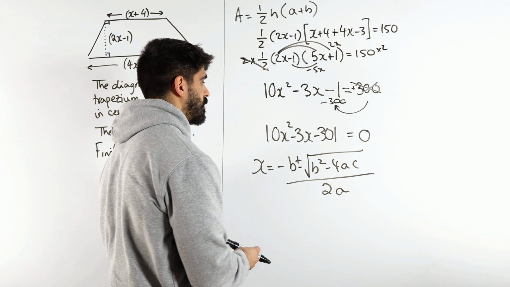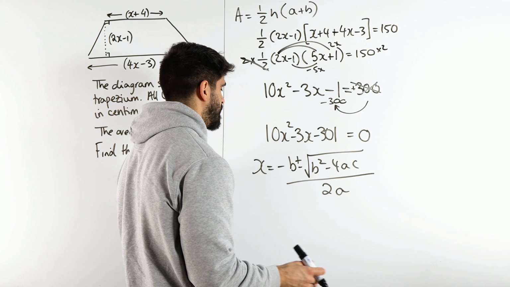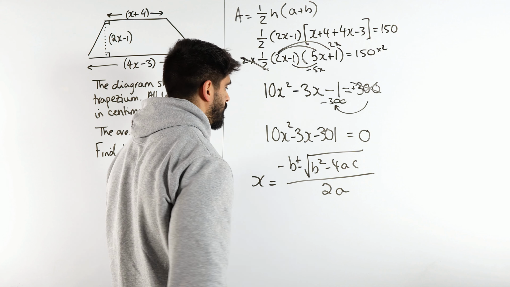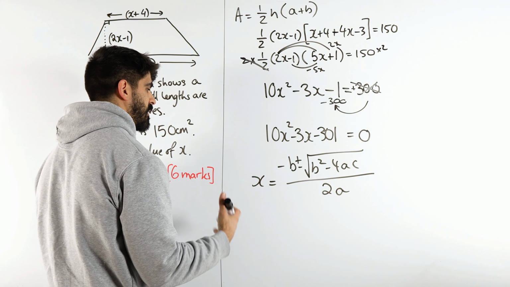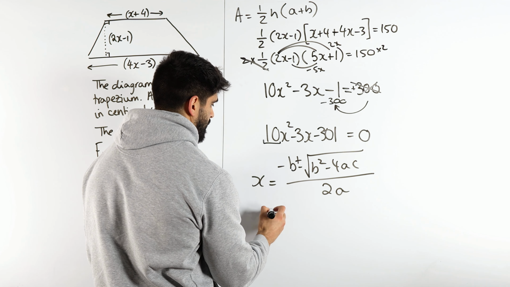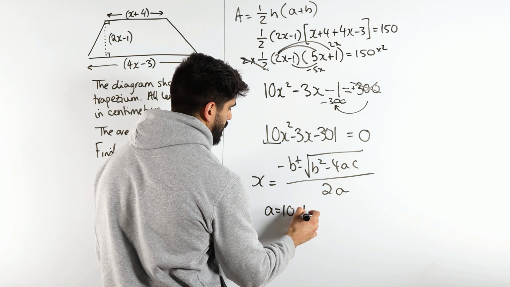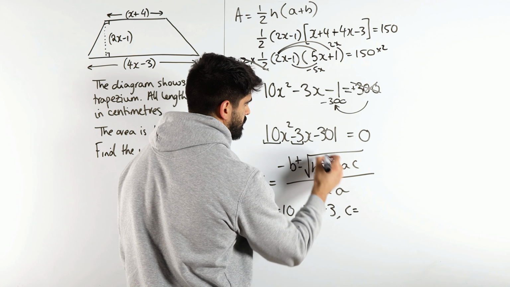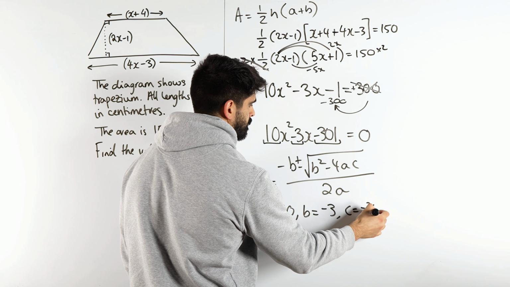All of my students on my course remember this because we do so many questions where the quadratic formula is needed. So let's just identify what a, b, and c are. So my a is 10. B is minus 3, and C is minus 301.